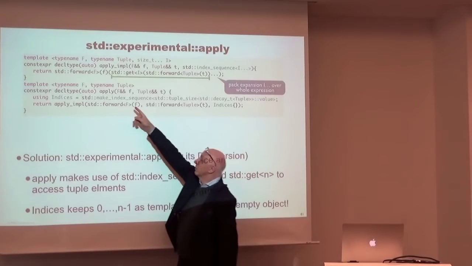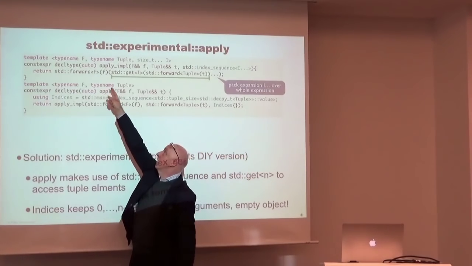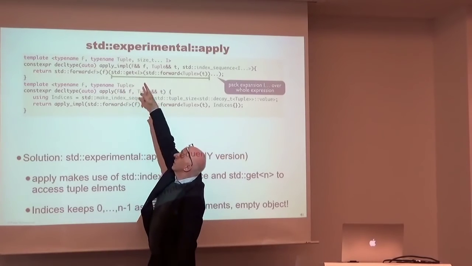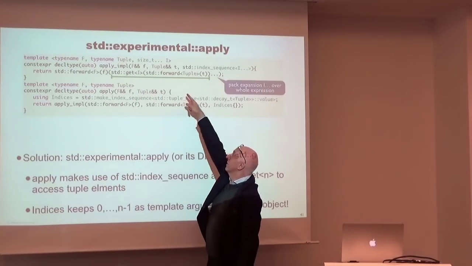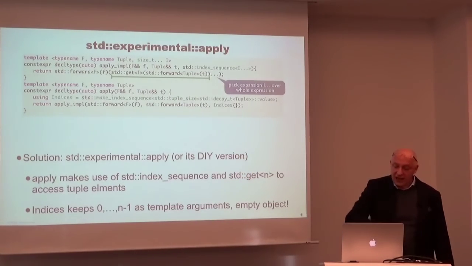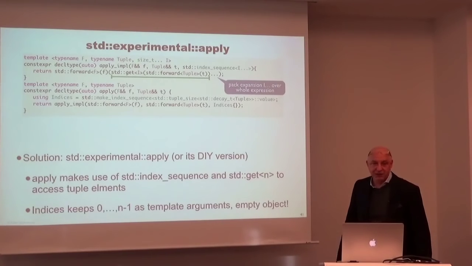You forward to the function f, which is our lambda, get<I>, which is an index out of the list of index values, and forward the tuple to the get function to actually get the value at the position I in the tuple.